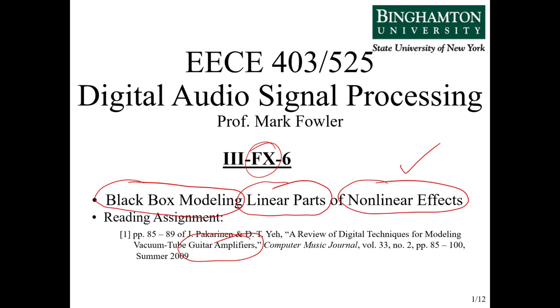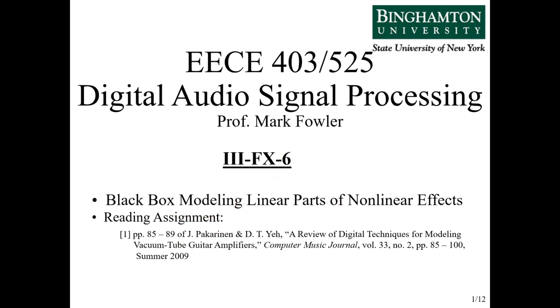So that's the idea. And a little bit of a reading here, just a few pages of this longer paper that's a nice review paper. To be honest, those few pages don't really cover the technical stuff that I have in this note set. They just kind of set the stage for it.